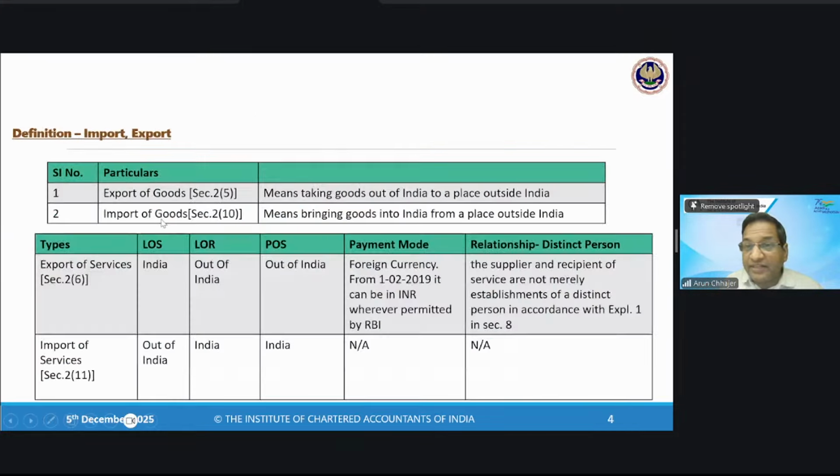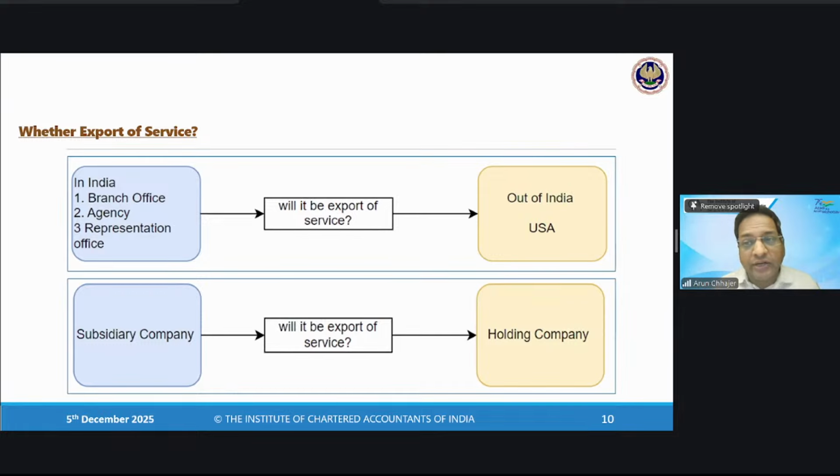So the first case: a company out of India has a branch office, agency, or representation office in India. And in the second case, the company located out of India has a subsidiary company in India. In which case will it be export of service as per your understanding? Case number 1 or case number 2? You can say this is example 1 and example 2. Or in both cases, it will be export of service.